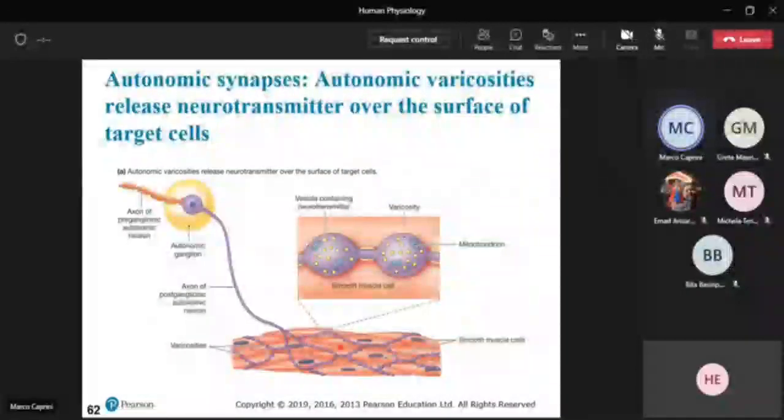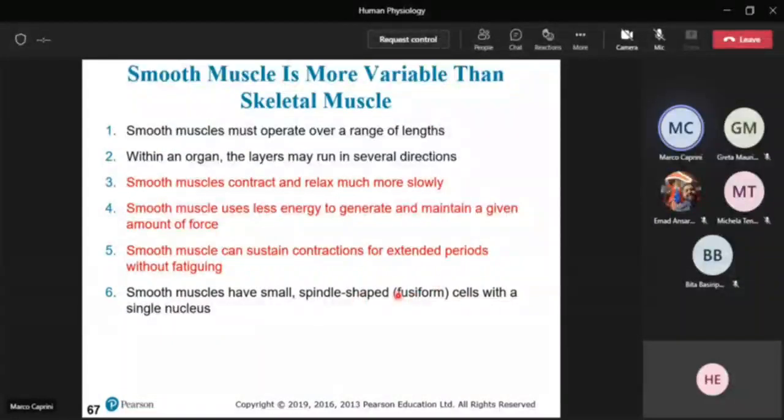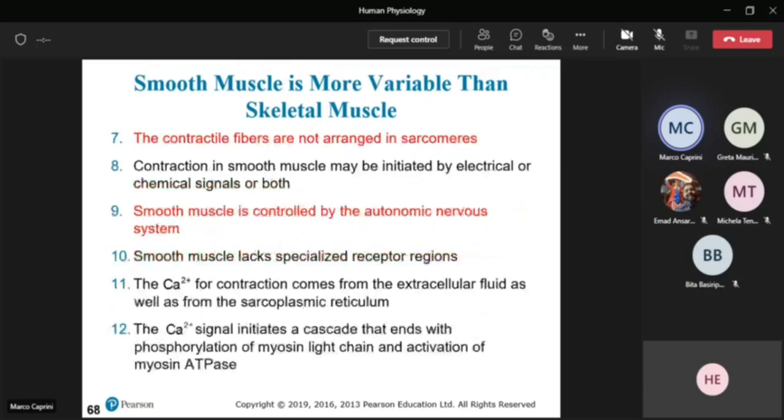Or this one. Okay. Point 6 says that the smooth muscle cells are small spindle-shaped fusiform cells with a single nucleus. Okay, completely different compared to the skeletal muscle, for example. And point 7: the contractile fibers are not arranged in sarcomeres. We have already seen this point.